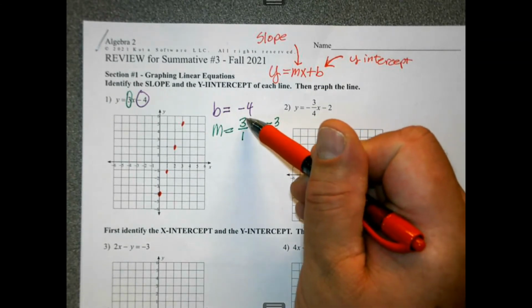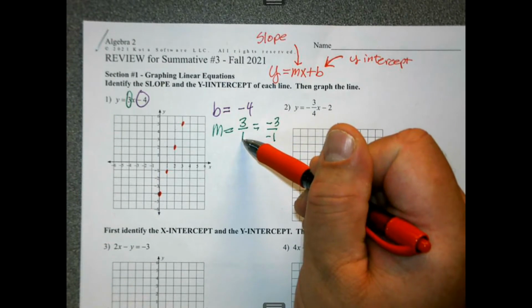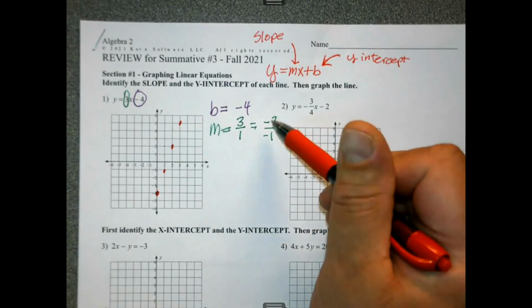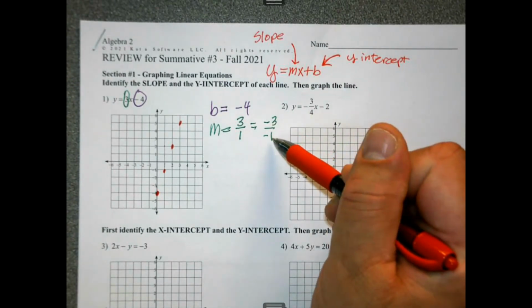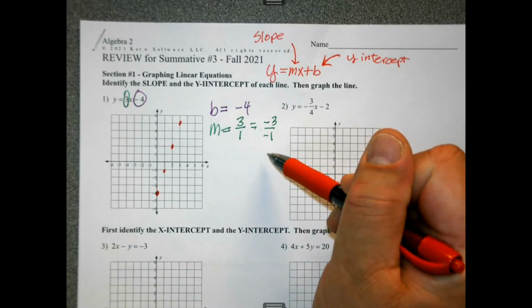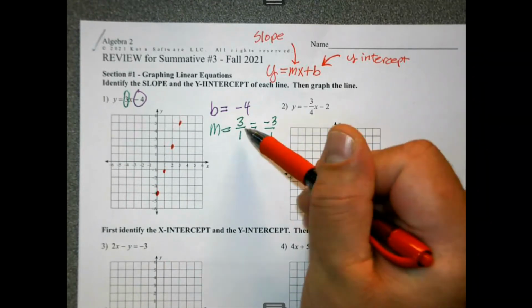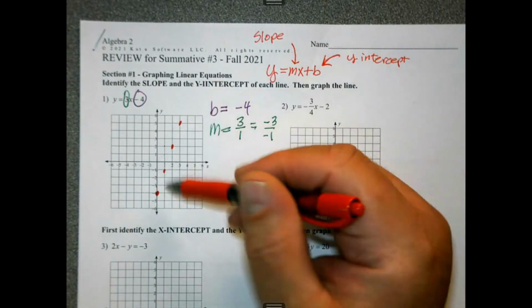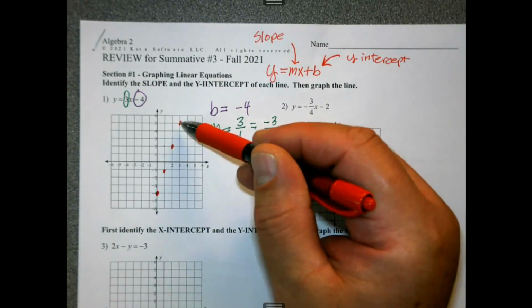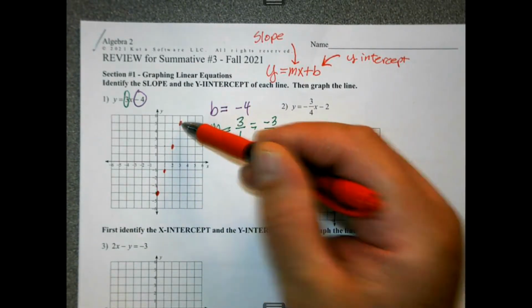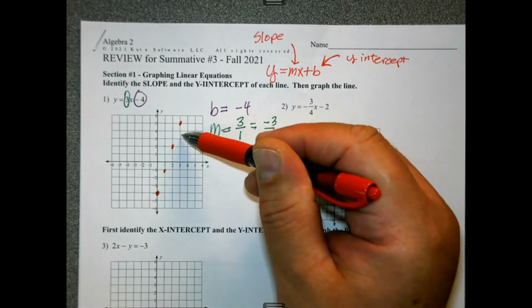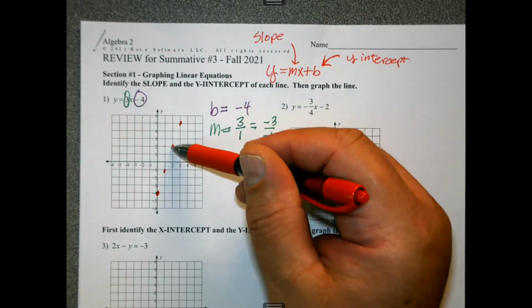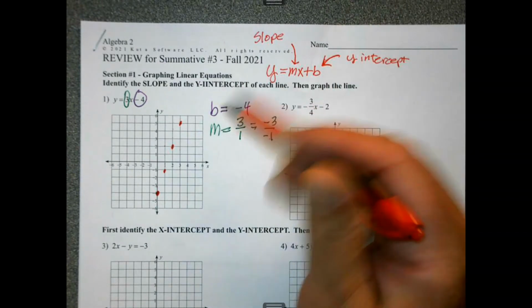So I'm taking a +3 divided by a +1, which gives me +3. -3 divided by -1 is also a +3. So these are exactly the same. It depends where I'm at on the graph. Say I started at this point, I would want to go down 3 to the left 1, just so that I have different ways I can go.